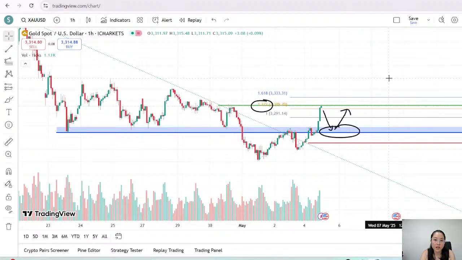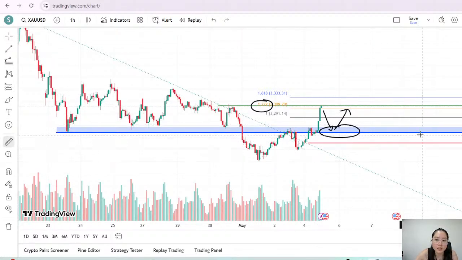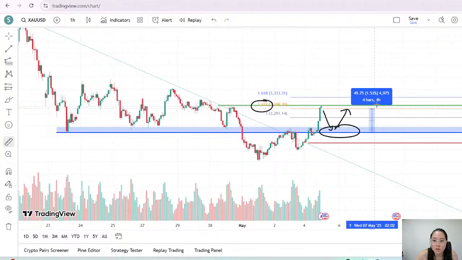When I'm trading, it is very, very, very important to me that the risk to reward makes sense. If the risk to reward doesn't make sense, I won't get in on it.